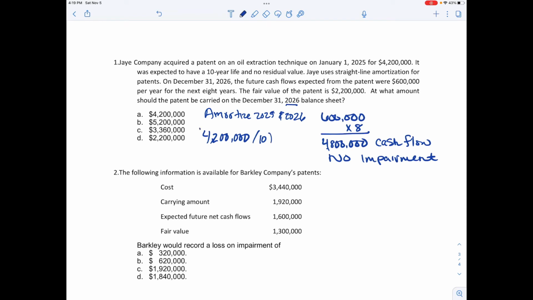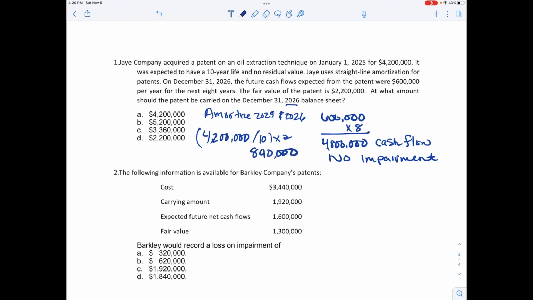And we're going to multiply that by 2. I've got to do a little math there. 4.2 million divided by 10 is 840,000. I should have been able to do that in my head.